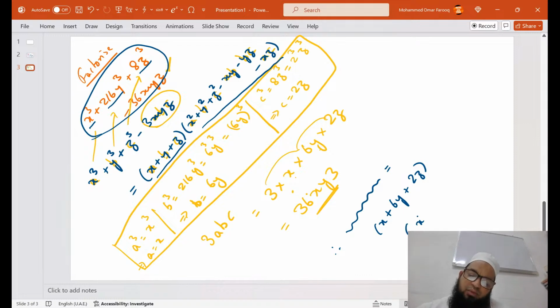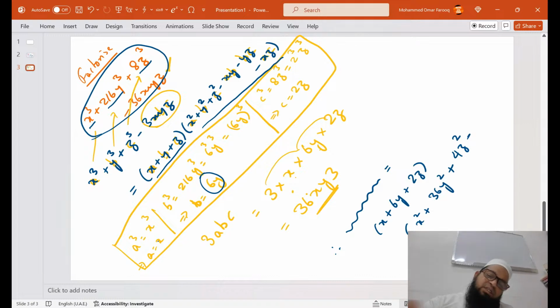A square means x square, plus b square, which is (6y) whole square, 36y square, plus c square, which is 2z squared, that means 4z square, minus ab, which is x into 6y, 6xy, and minus bc, which is 6y into 2z, that means minus 12yz, and minus ac, which is x into 2z, minus 2xz. So it can be written as a product of two factors.